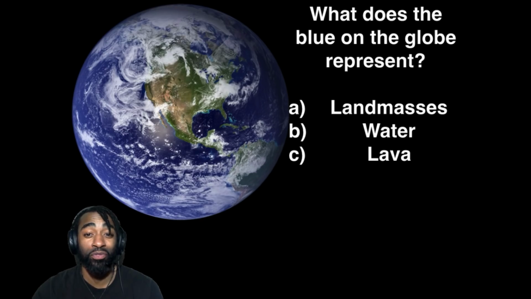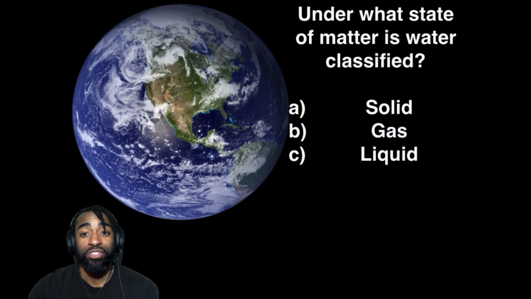What does the blue on the globe represent? A, land masses. B, water. C, lava. B, water. You would be correct if you guessed B. Under what state of matter is water classified? A, a solid. B, gas. Or C, a liquid?